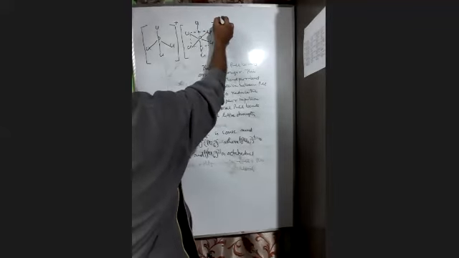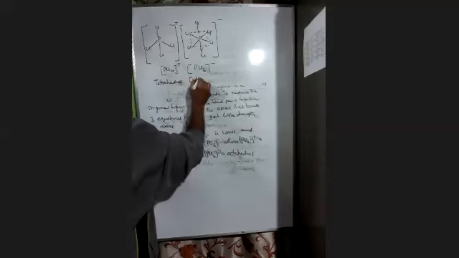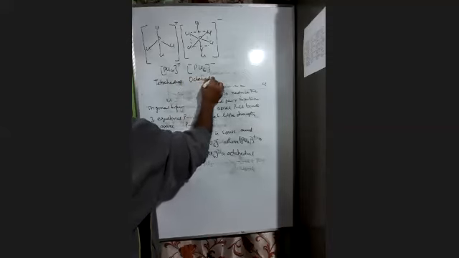So now this is PCl4 plus, and this is PCl6 minus. So this is tetrahedral, and this is octahedral. That's all, so bye.